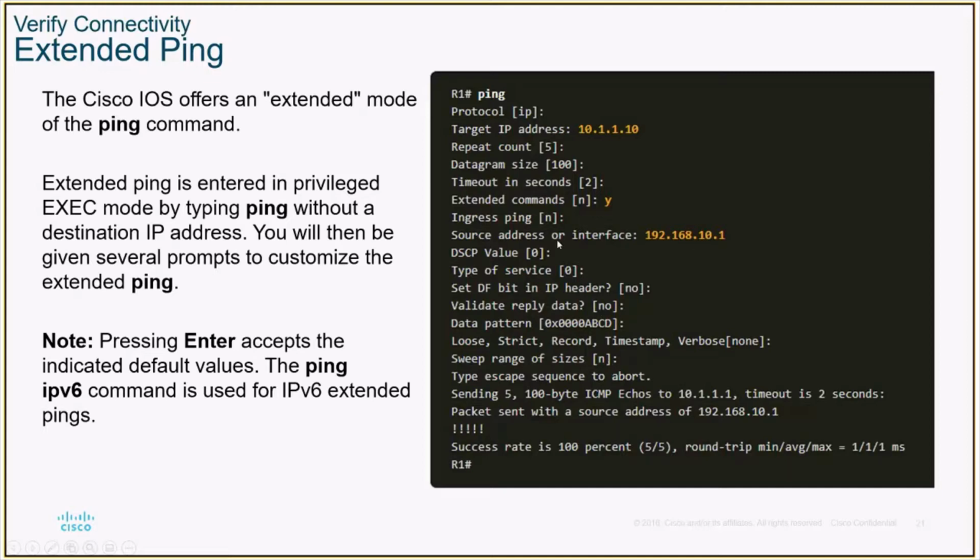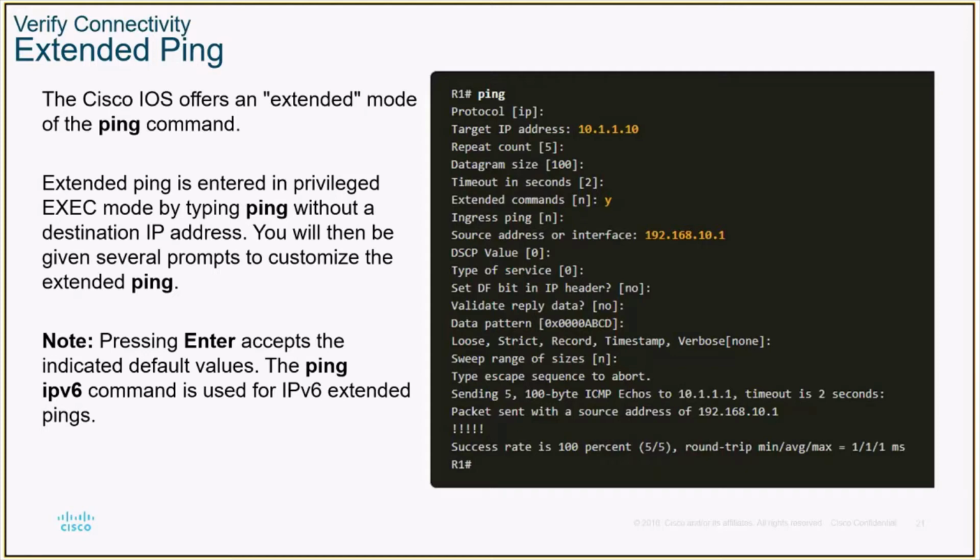Because we're sitting on a router, there's actually going to be more than one IP address that you can send it from. By default, the router will use the outgoing interface that will get to that destination as the source address. Now, that might be a little bit trivial for a reply. So if you want to test that your routing protocol is working properly, you might use a different interface address as the source.